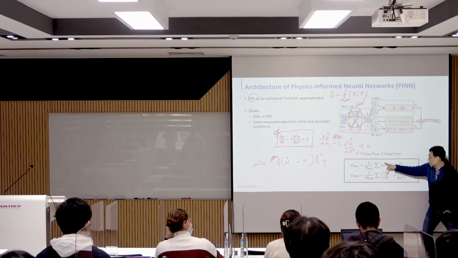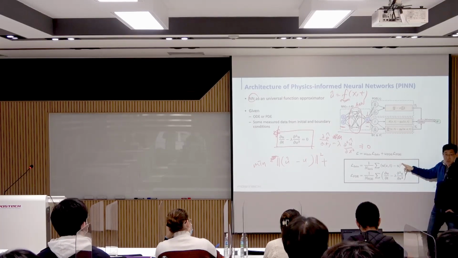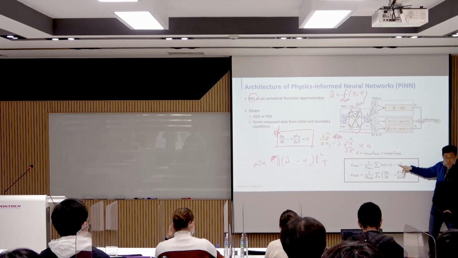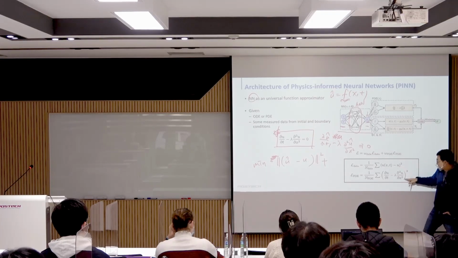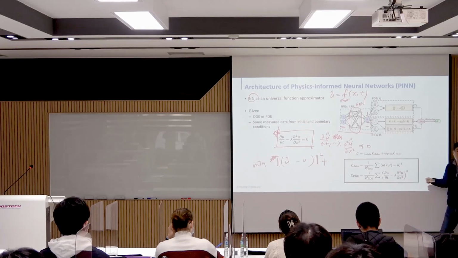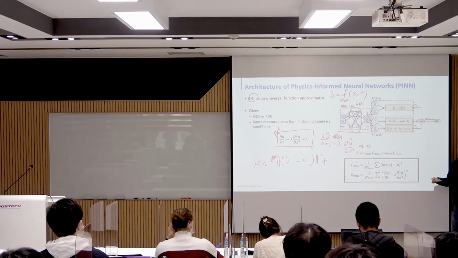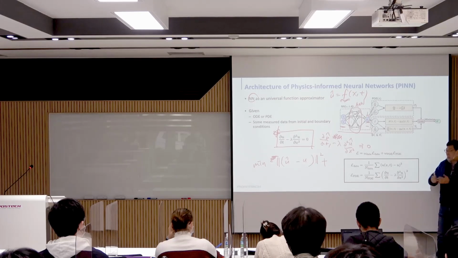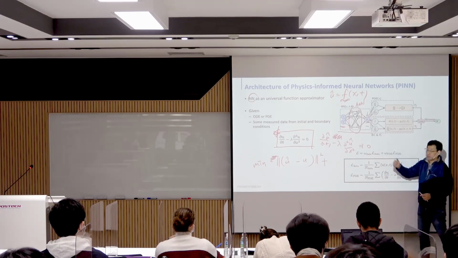This one is the data, the approximated output against the measured data points, and this one is the physics. Of course, we have more than one or two terms in our loss function, so we might have different coefficients.